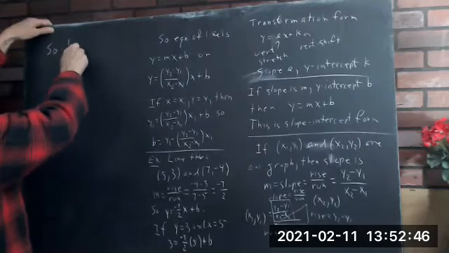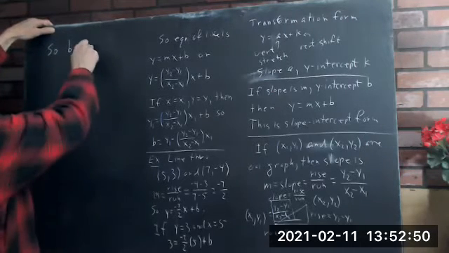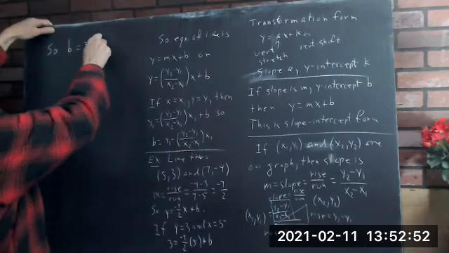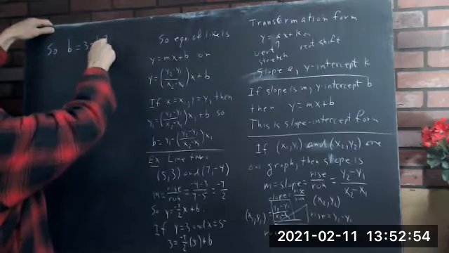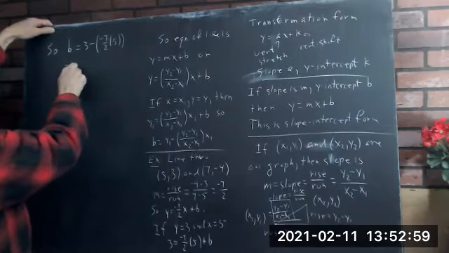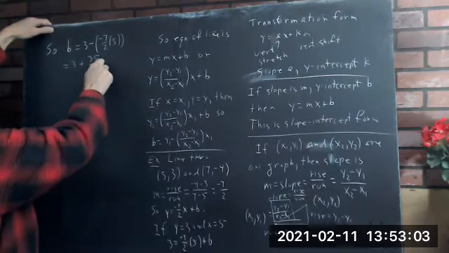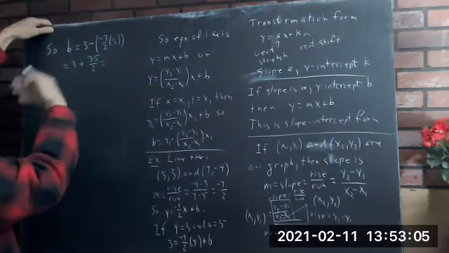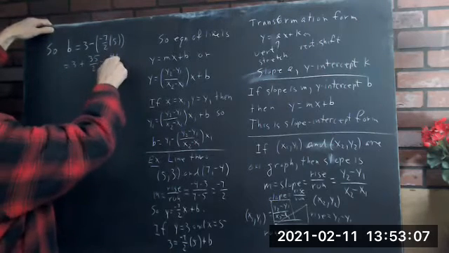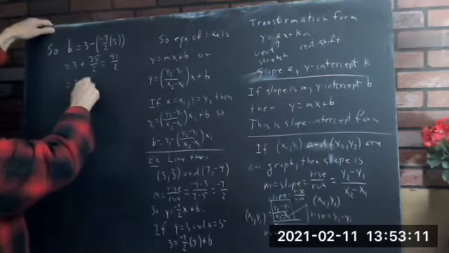So b equals 3 minus (-7/2 times 5) equals 3 plus 35/2. And 3 is 6/2, so that equals 41/2. Or if you want it in decimals, it's 20.5.